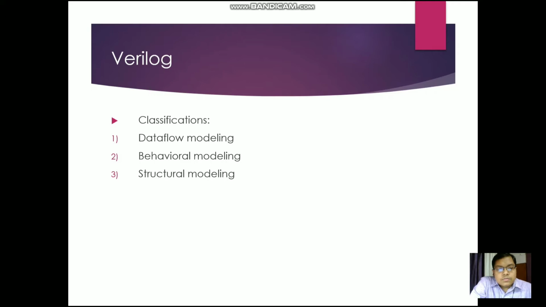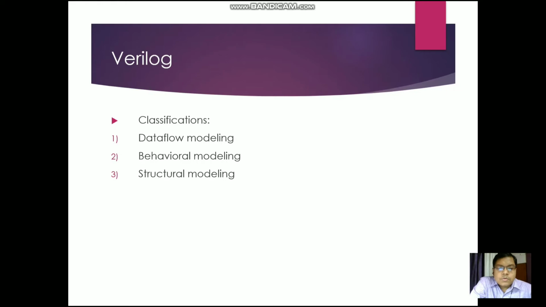Going to the data flow modeling, it is something by means of which we can design any basic gates whose only input and output information is given. If the designer has the information of the behavioral pattern of that particular gate, then the designer can opt for behavioral modeling. As for structural modeling, here the case is slightly complex.